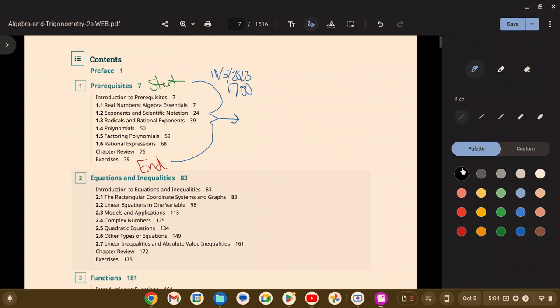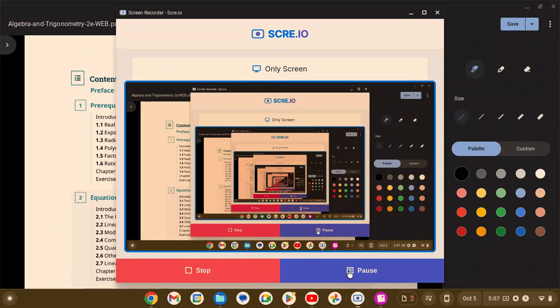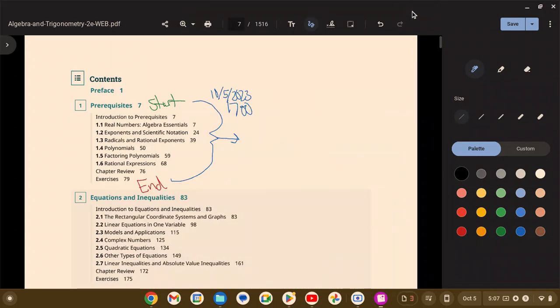I'm going to pause for a second. Need to think about something. All right, got my thoughts together. I know what I was going to do. So I'm going to do 3. Read, and then that's going to split off into 2.